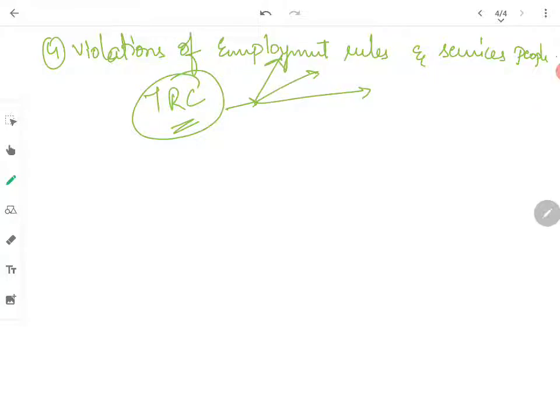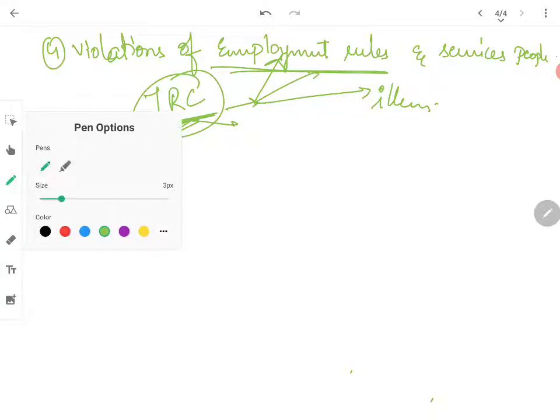But the TRC was of no importance after the formation of Andhra Pradesh. No one cared about the TRC, and there were many issues regarding employment. People from Andhra were entering the Telangana area and taking jobs of Telangana people illegally, violating all the employment rules framed in the Gentleman's Agreement.